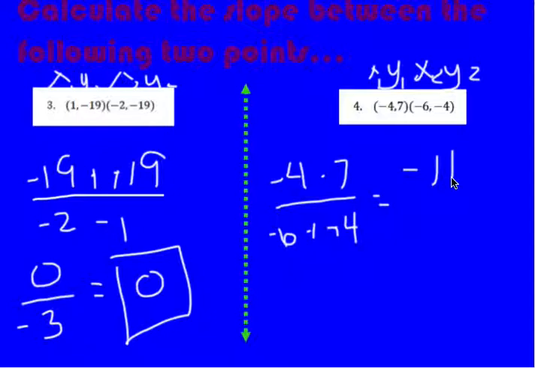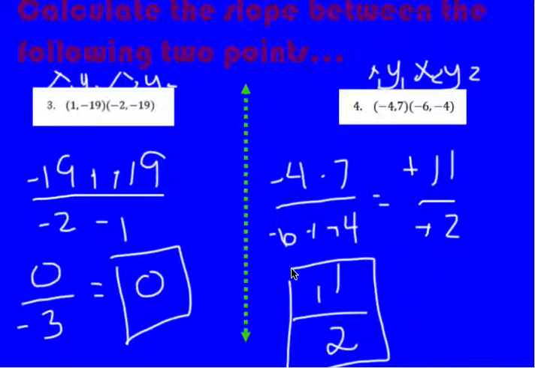And then negative 6 plus 4 is going to give me a negative 2. Well, here I'm taking a negative number and dividing it by another negative number. When you're dividing two negative numbers, it's actually going to become positive. Whenever you multiply or divide two negative numbers, they become positive. So then my slope is actually 11 over 2, or 11 halves. And with slopes, we always leave it as a fraction.